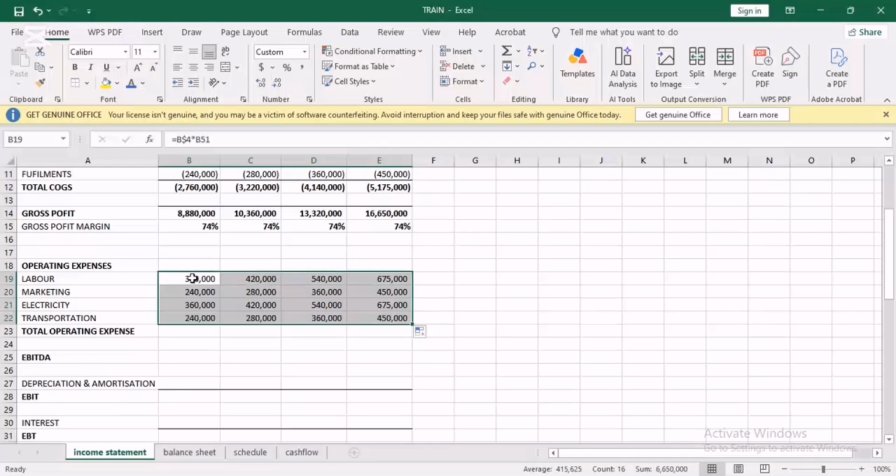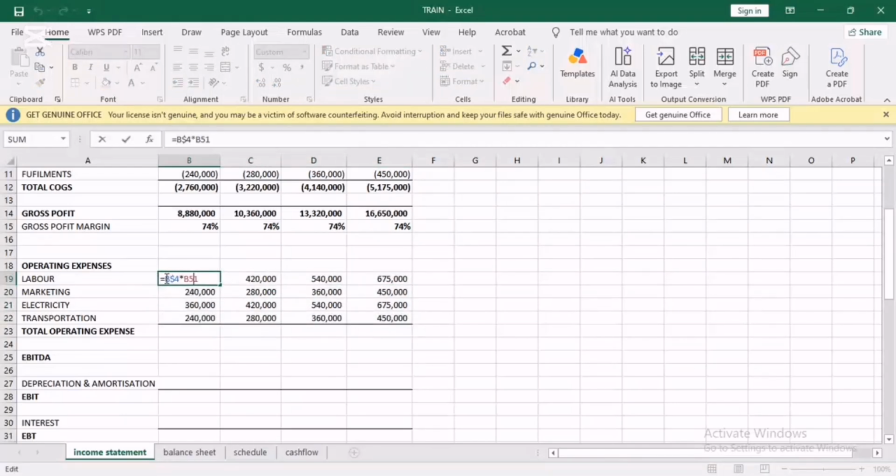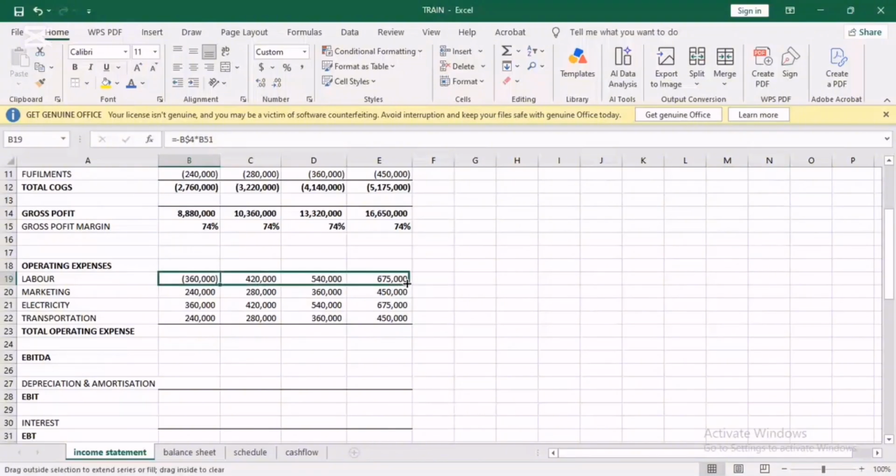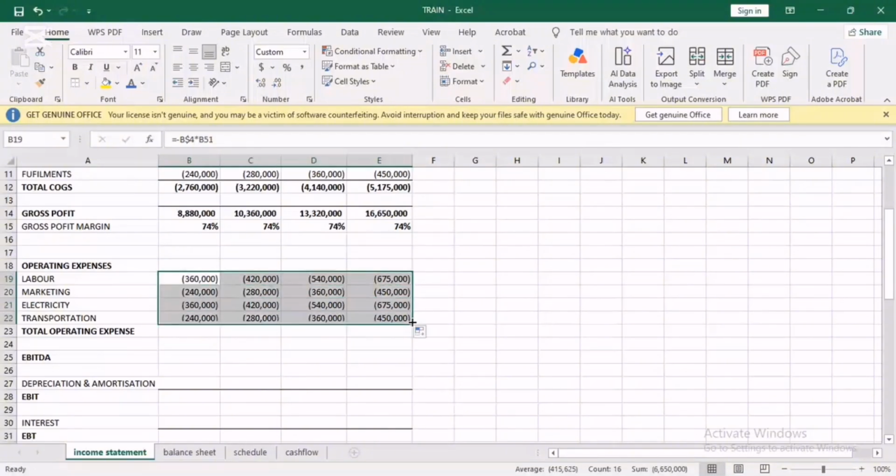We have to make it negative because it's an expense. So you hit your minus. Let me take away the pop-up. Exactly. Good. So let me hover and make all of them negative. That's that.